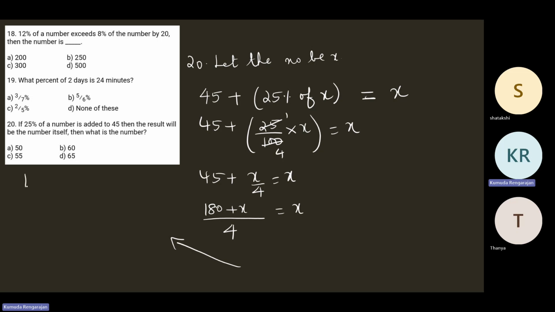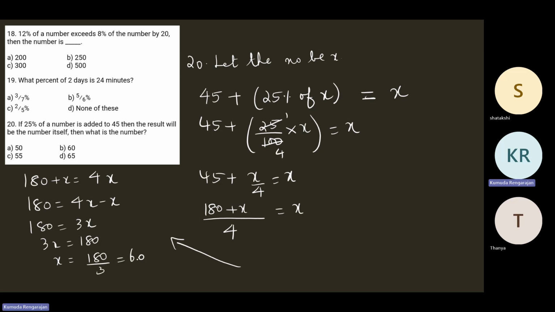Cross multiply: 180 plus x is equal to 4 into x, which is 4x. So 180 is equal to 4x minus x. 180 is equal to 3x. Or you can write 3x is equal to 180. So x is equal to 180 by 3, which is 60. So that number is 60.